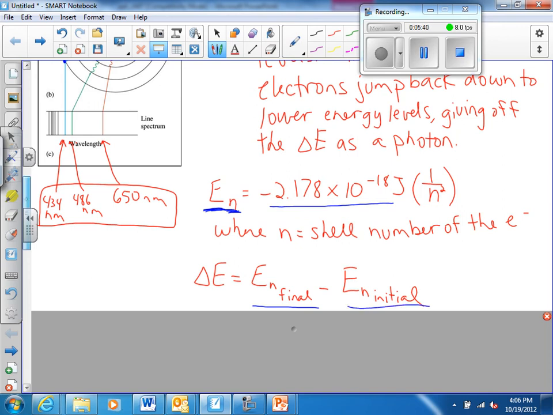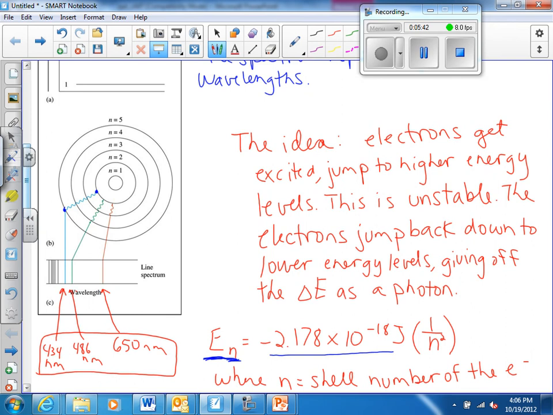And I actually showed that to you backwards. So if we're going from 5 to 2, it would be final minus initial, because remember, delta is final minus initial. So it would be the energy of shell 2 minus the energy of shell 5.